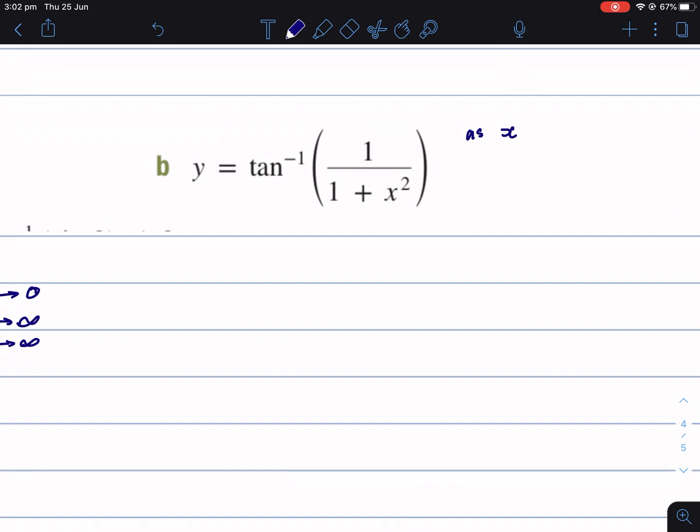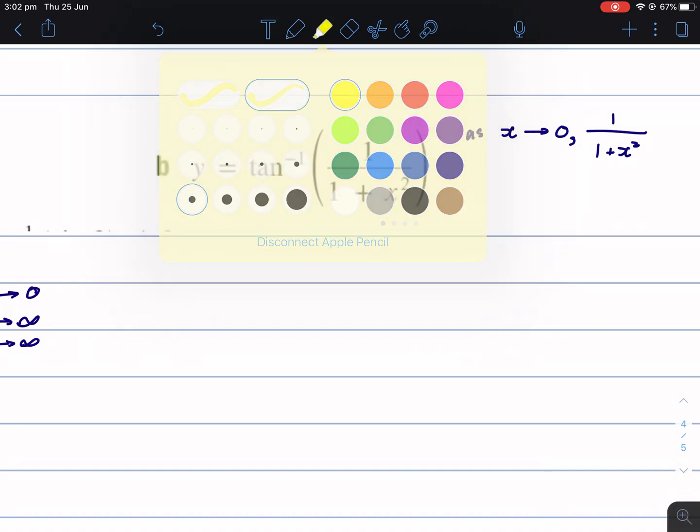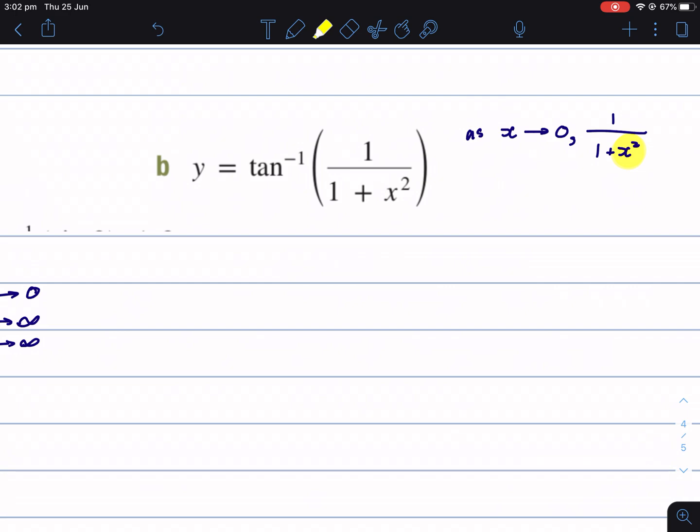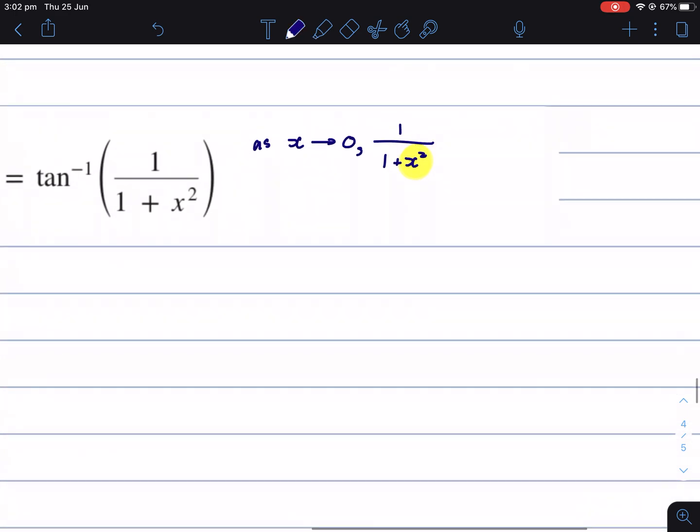as x tends to 0, 1 on 1 plus x squared, as this bit gets smaller and smaller and smaller, it just tends to 1, doesn't it? Because it's 1 on 1 plus something tiny. Like it may as well disappear.